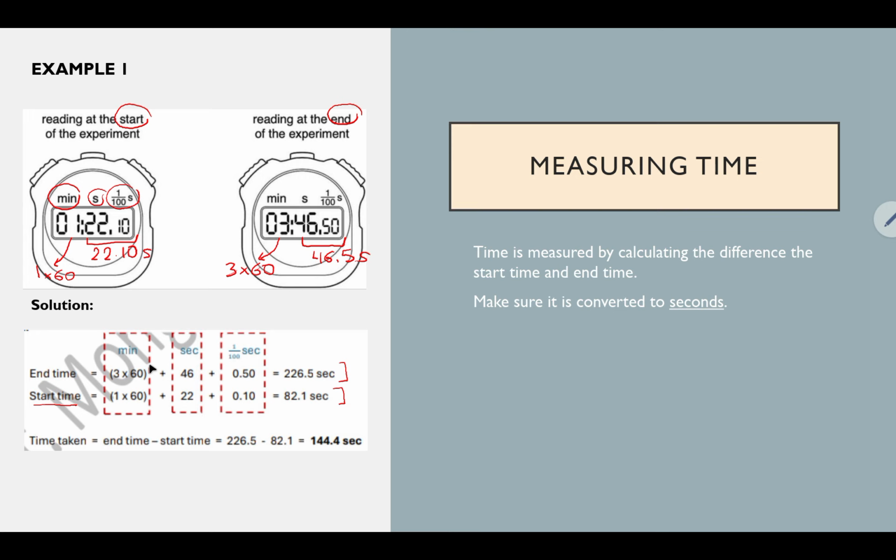So obviously we're going to do the end time, which is 226.5, minus the starting time, which is 82.1. Now, since we got them both in seconds, my final answer, 144.4, has to be in seconds. So the first thing I need to know when we're measuring time using a stopwatch is I have to make sure that my time is calculated in seconds before I find the difference between the start and the end.